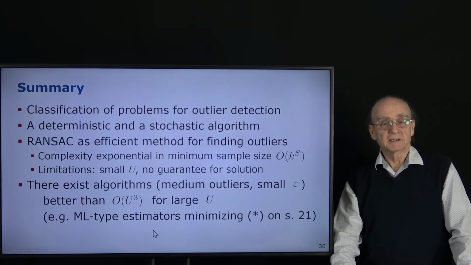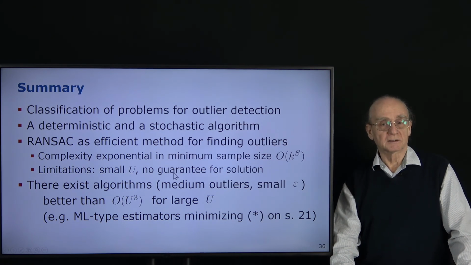The complexity is exponential in the minimum sample size. And of course, there are certain limitations. So the number of parameters should be small. And we know that there is no guarantee for a solution. And if you can live with both, then RANSAC is the choice.